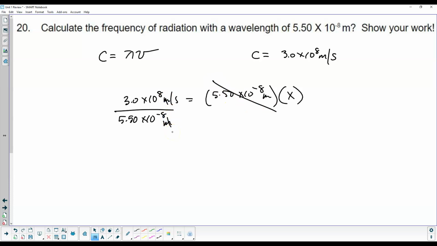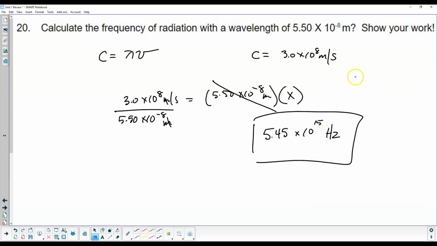I enter into my calculator 3.0 EE 8 divided by 5.5 EE negative 8. When I do so, I get 5.45 times 10 to the 15th per second, or hertz. You can write it as Hz, or per second, or second to the negative 1, but this is probably the easiest.